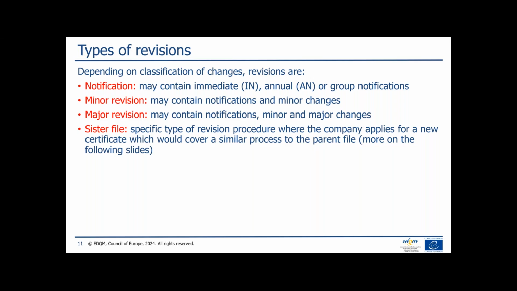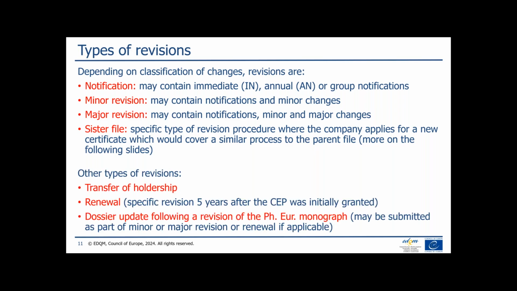Also there are other types of revisions, like I already mentioned, transfer of holdership, and renewal, which is a specific revision 5 years after the SEP was initially granted. I have already mentioned it. And also the last one, which is very important, is dossier update following a revision of the pharmacopoeia monograph for a specific substance.